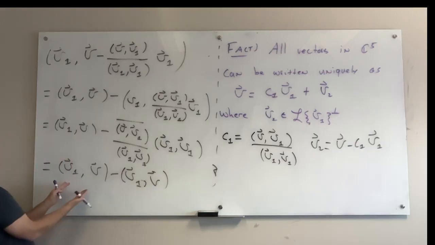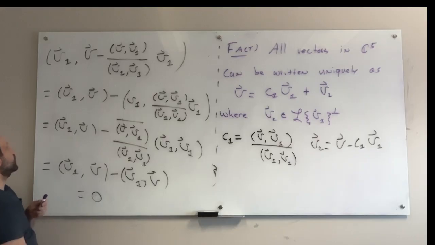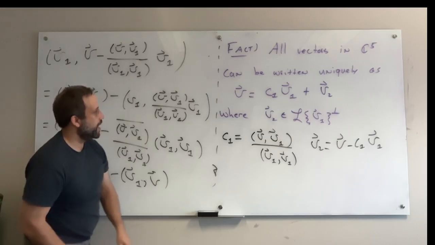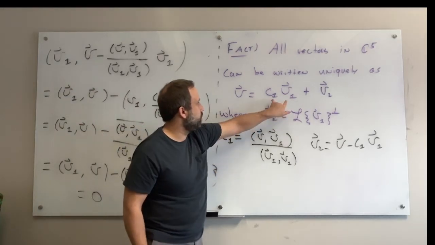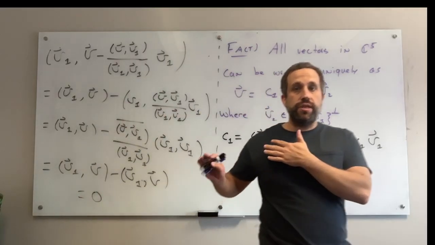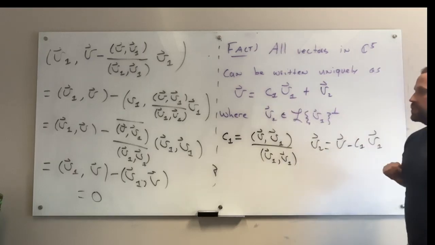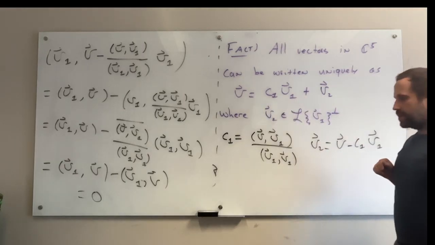And now it's the same, we're subtracting the same thing off, so it's equal to 0. Okay, so this shows that V1 and V2, where V2 is defined this way, are going to be orthogonal to each other. And then, of course, C1 times V1 is going to be in the linear span of V1. So this shows, in this case, that given a vector, we can decompose it into something in V1 and something in its orthogonal complement.